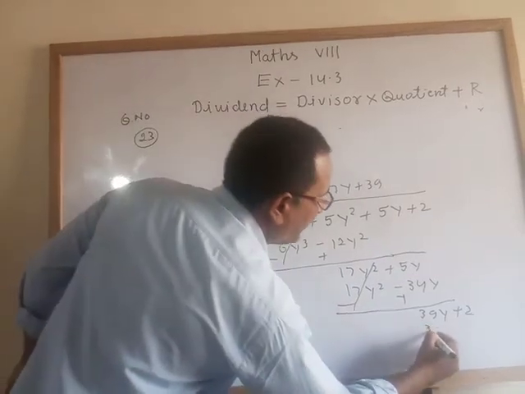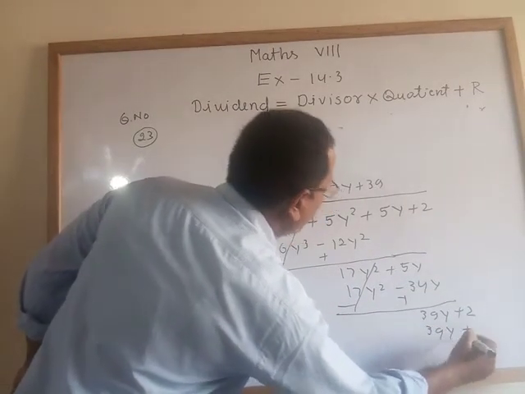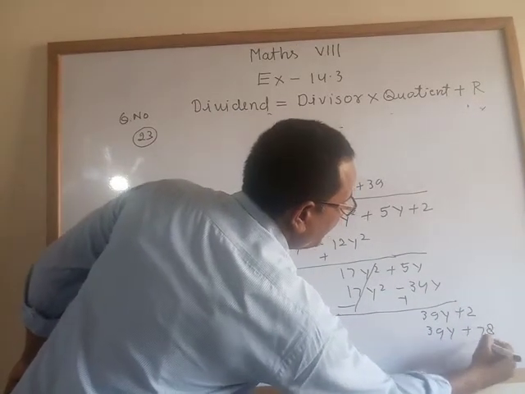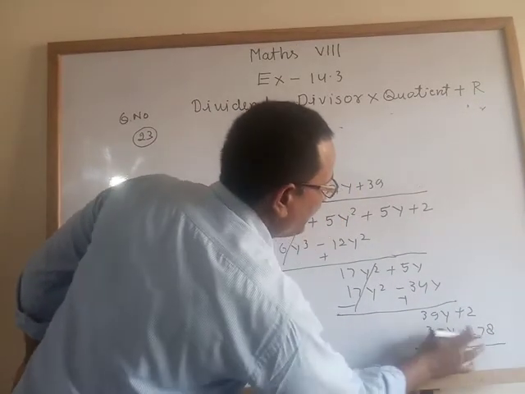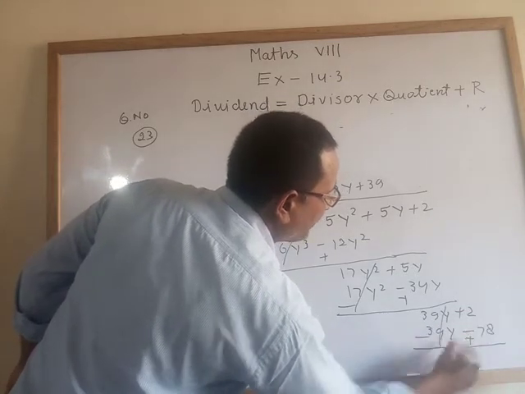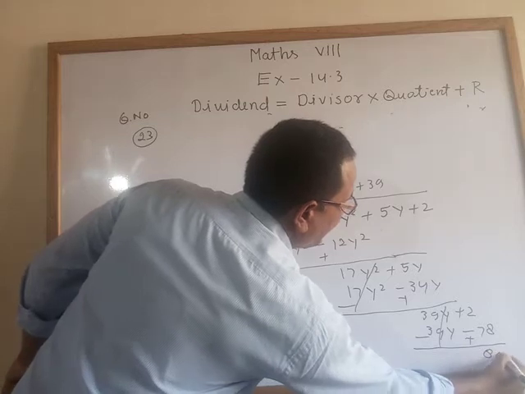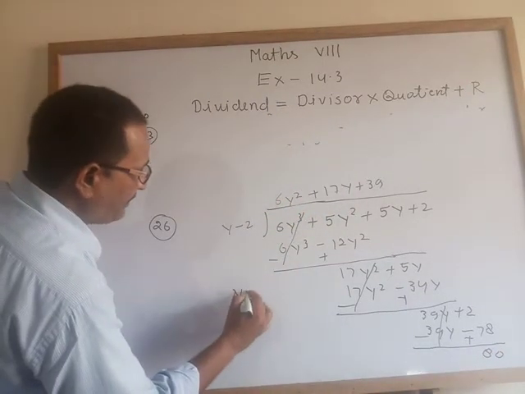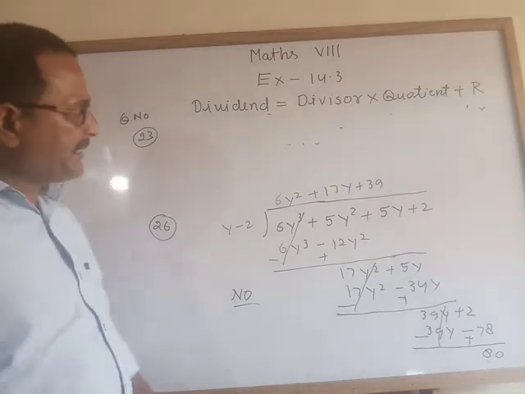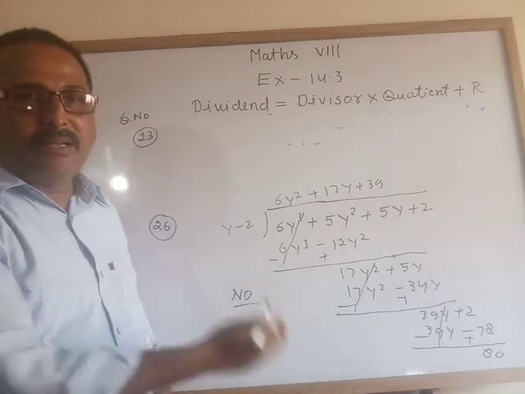Multiply 39 by y minus 2, here it will be 78. Now you subtract, minus here 78, minus plus. The remainder is coming 80. It means no. y minus 2 is also not a factor of this polynomial. This is the simple method of division. I have already explained.